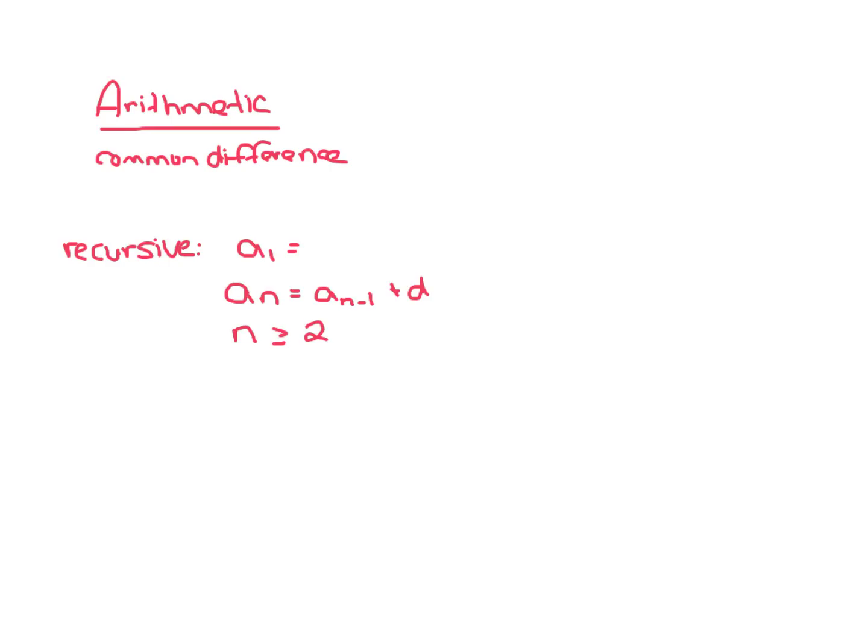Now what happens when I want to take this recursive to something that's explicit? Well, we have a formula for this. For any term, we can look at the first term and add this n minus 1, which is kind of looking at that previous term idea again, times our common difference.